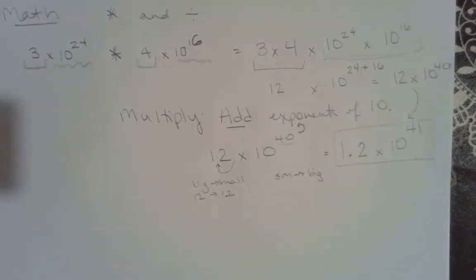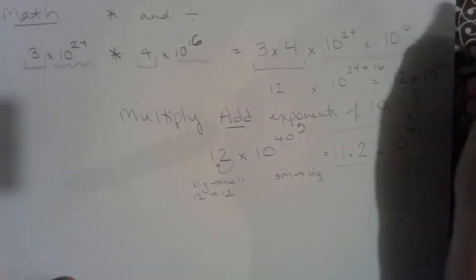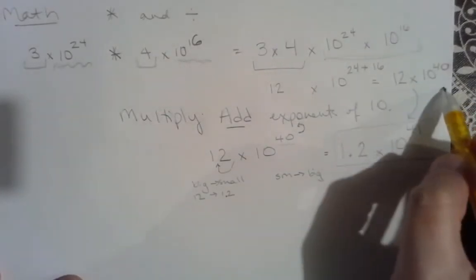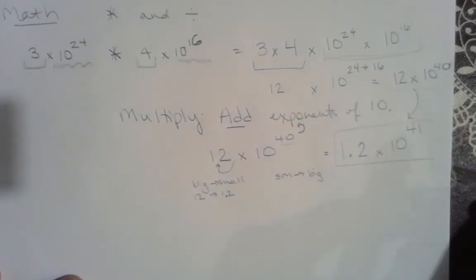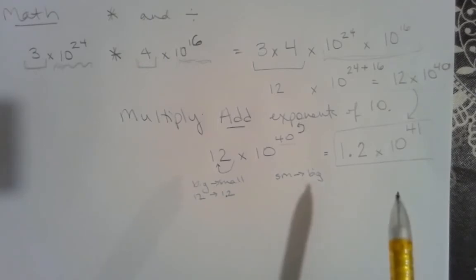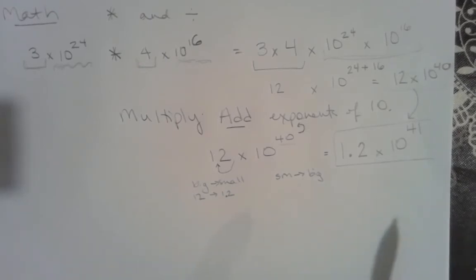Now, in this level, like in high school chem, I will totally take this answer as being correct as well. You don't have to do this last step of moving your decimal. That being said, you might as well. You start to get the flavor of it and the hang of it, and it's not so bad.